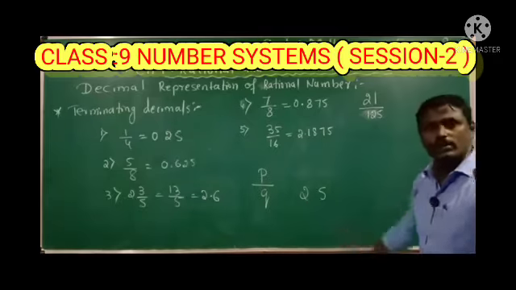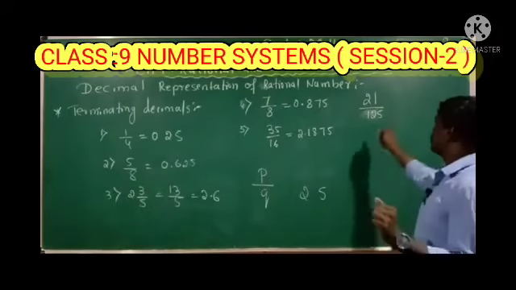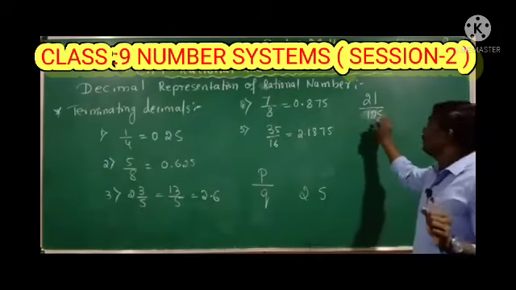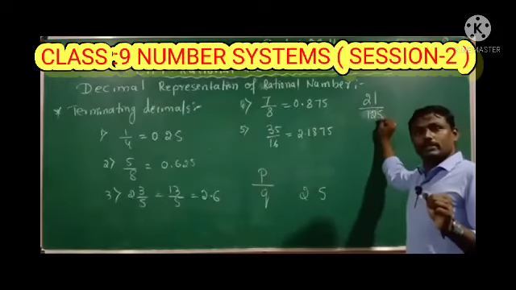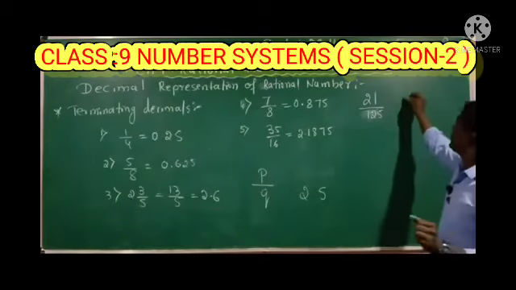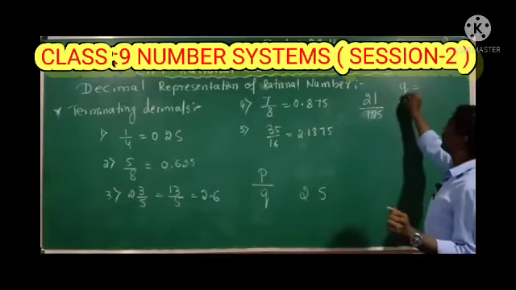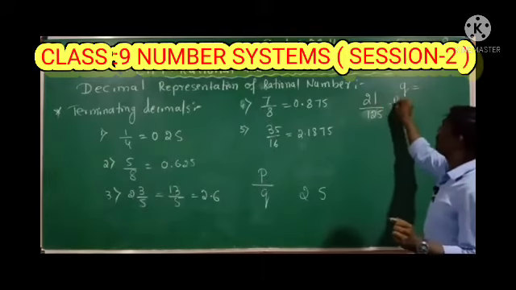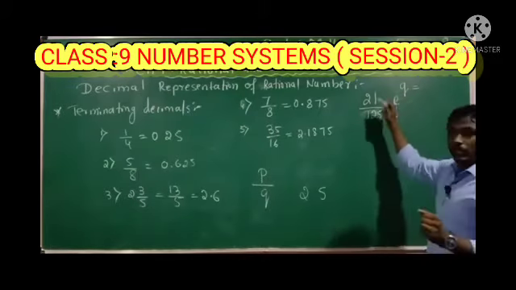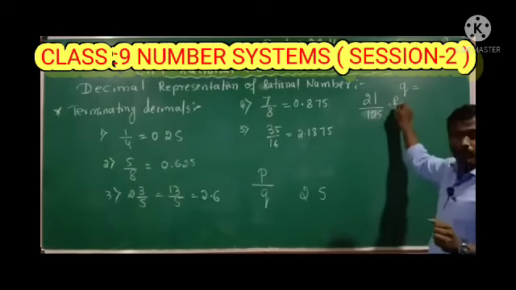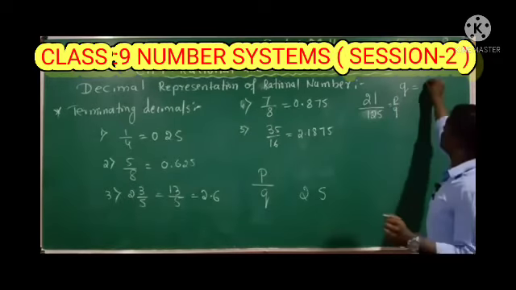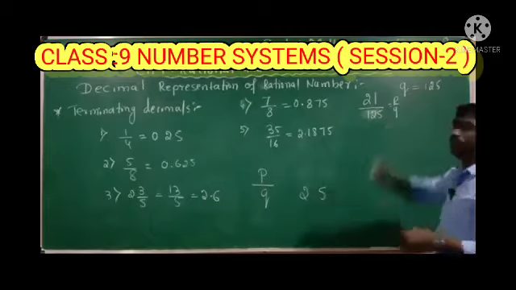First we should factorize the denominator. What is the denominator value? 21 by 125 is in the form of p by q, where q is equal to 125, right?